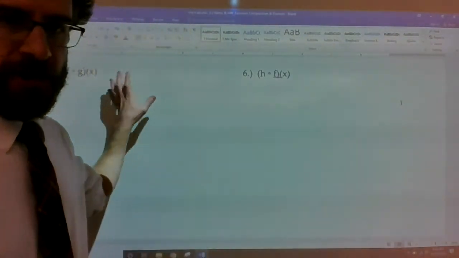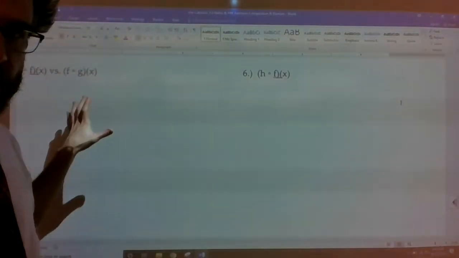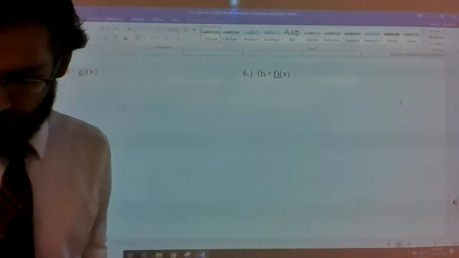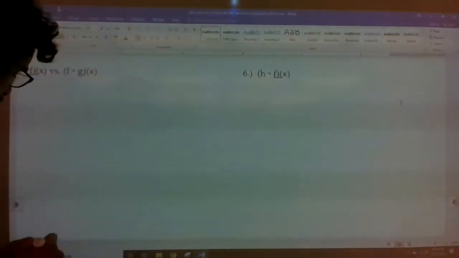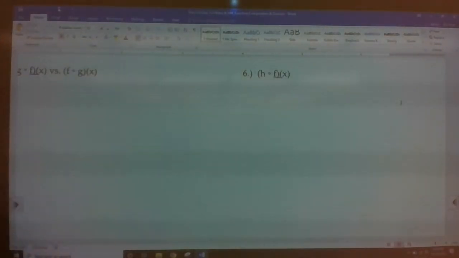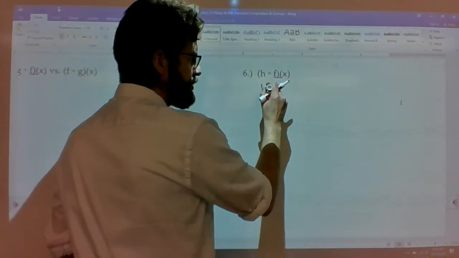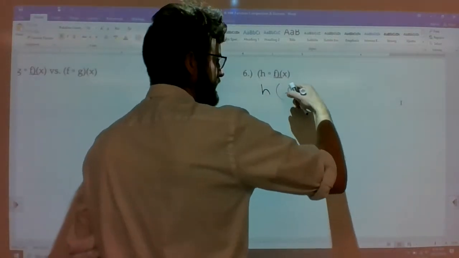I introduced function composition in the previous video very thoroughly. This is just a matter of practicing what we talked about. So h of x. Remember, this is h of f of x.